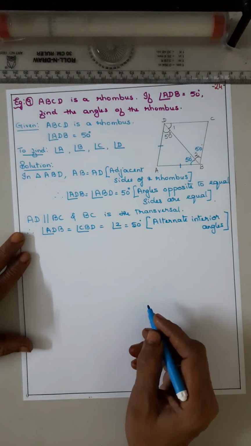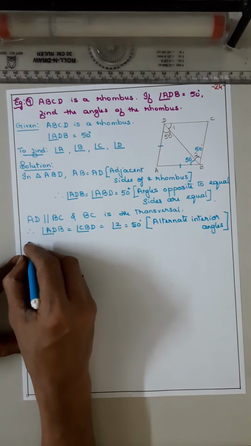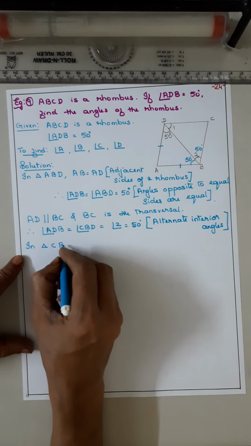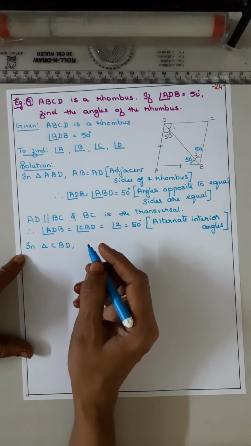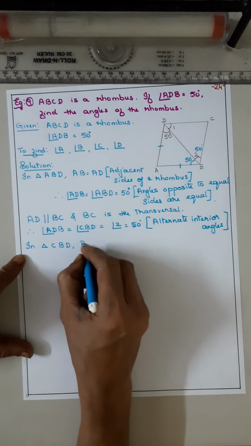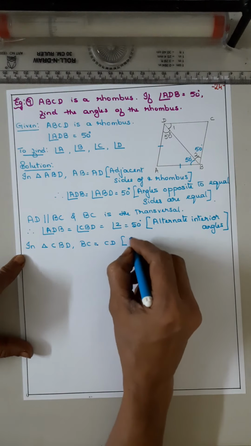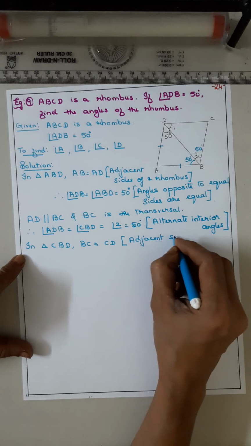Now in triangle CBD, again BC is equal to CD, same, adjacent sides of a rhombus.